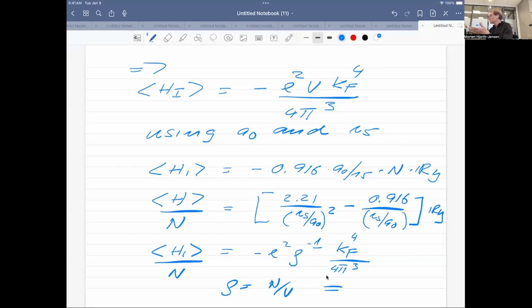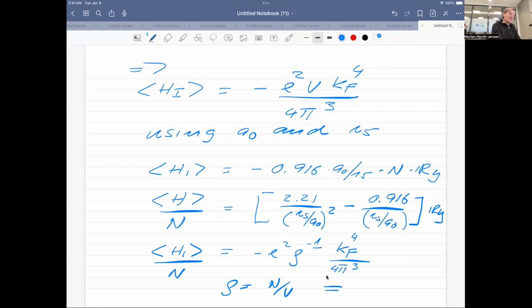If you take then the ratio of the total energy divided by the number of particles, you should have something which is constant in the limit n goes to infinity. And this is why you will often see these expressions for an infinite system being expressed in terms of the energy per particle. So that's a pretty common thing to do.